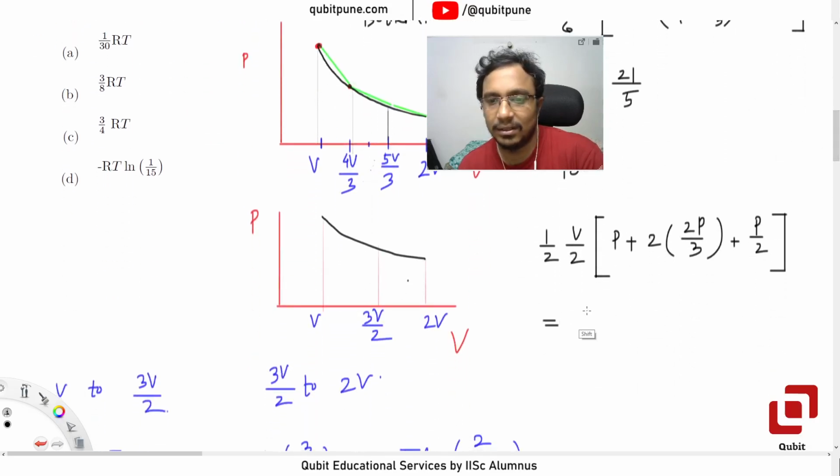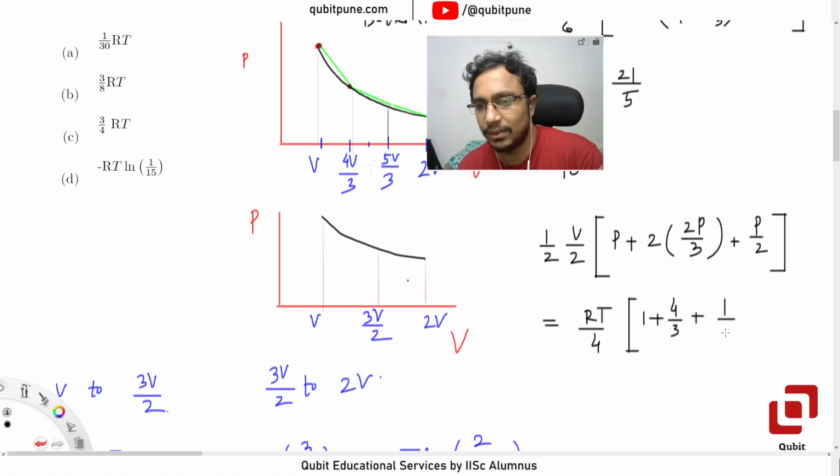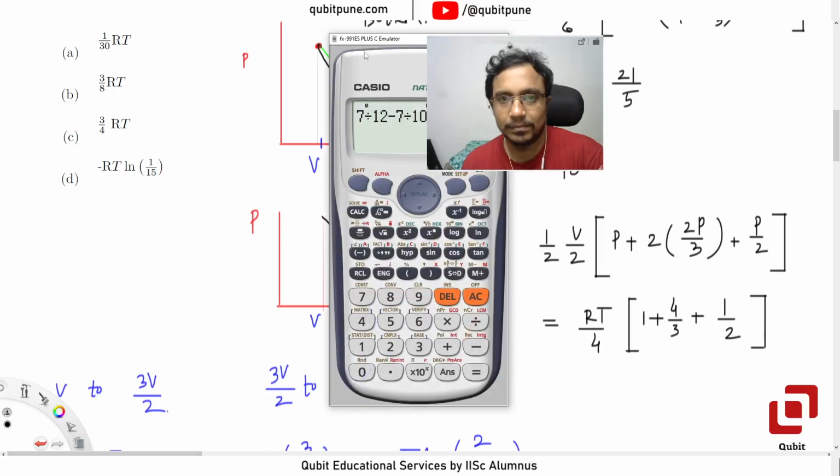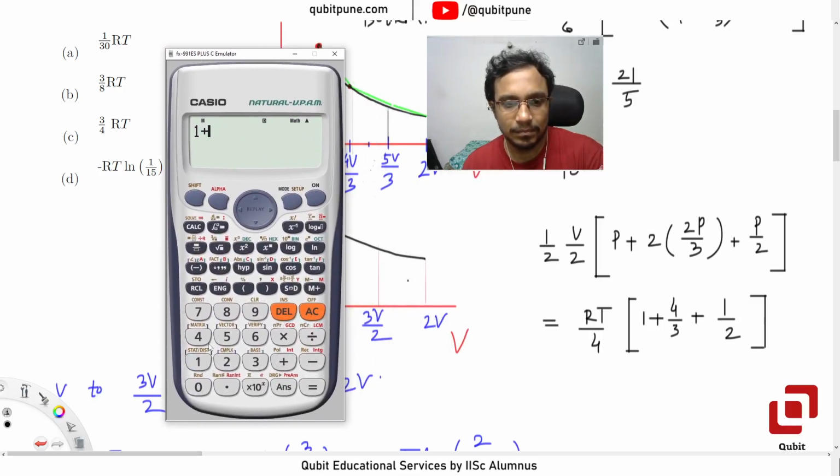PV is RT, take it common. This 4, 1 + 4/3 + 1/2. This is 17/24.